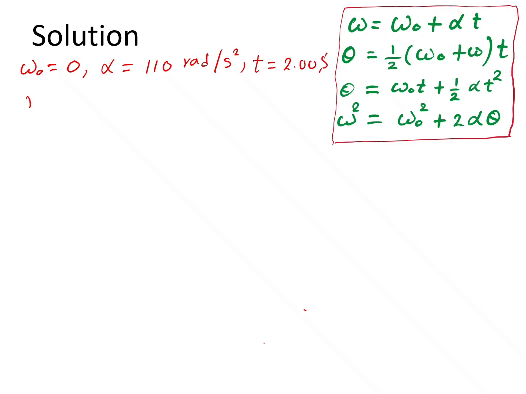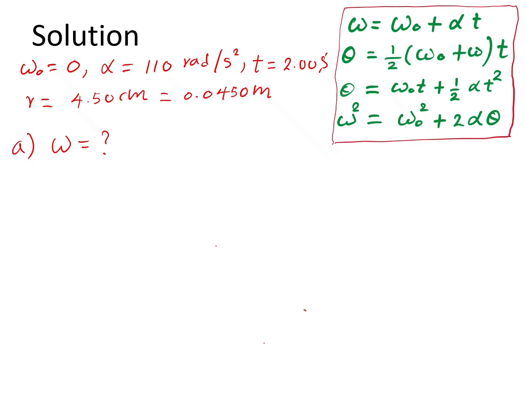The radius r is 4.5 centimeters, which is 0.045 meters. For part A, we have to find the final angular velocity of the reel. Now we have to consider the given variables and pick the equation from our list of equations.